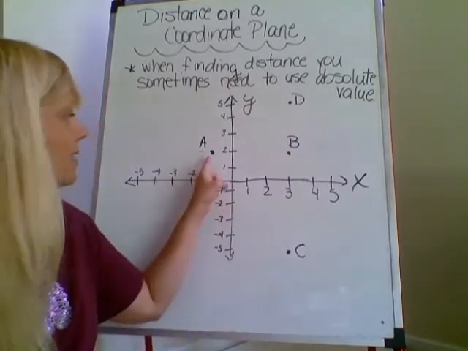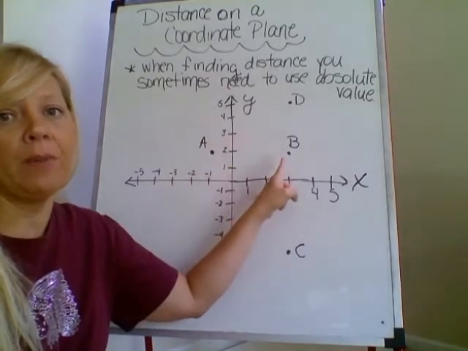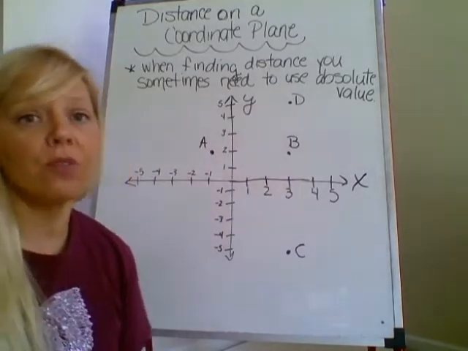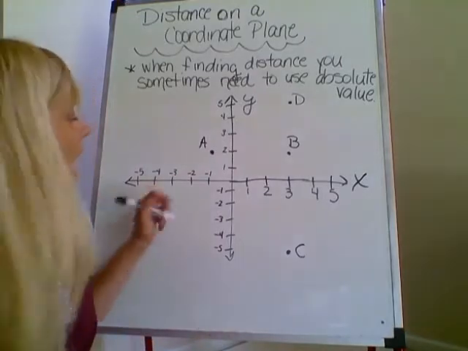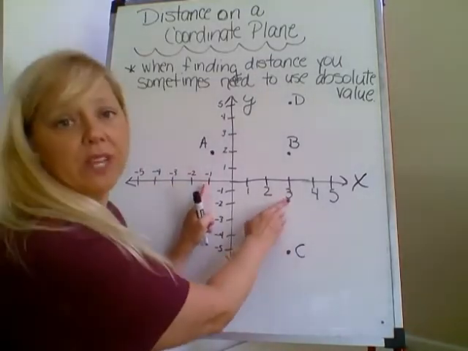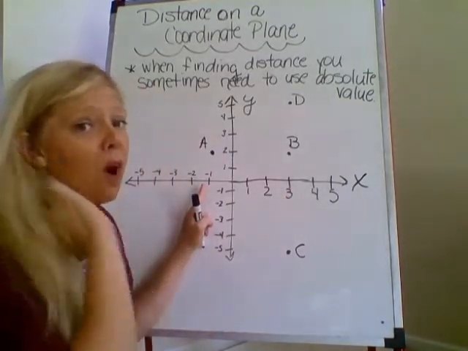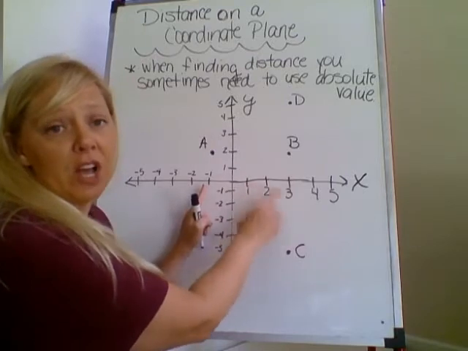So in this case, A is at -1, +2, and B is at +3, +2. So if I want to find the distance between point A and point B, I would go from -1 to 3. So here is an example where I would not use our -1 to find the sum of how far it is from each other.